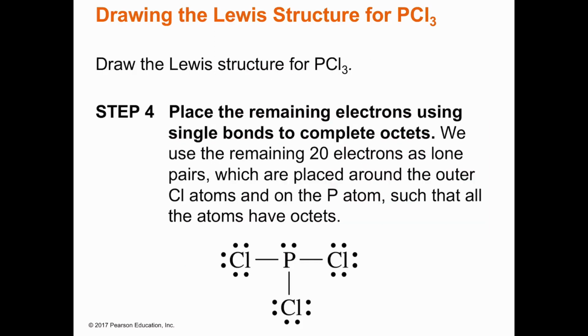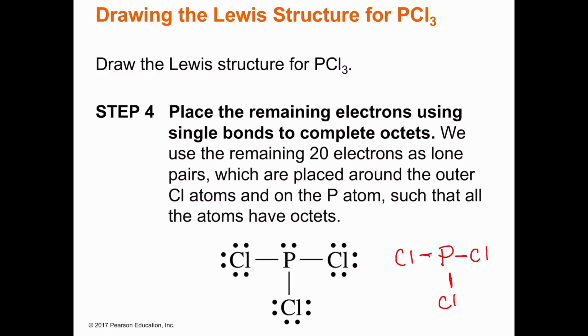Okay, so there's the answer, but I'm going to draw it again over here so that I can walk through it a little slower. This is what we had from the last slide, and again, we have 20 electrons left. Each of these atoms needs to have 8 valence electrons. Right now, each of the chlorines has 2 because they're sharing the electrons from that bond.